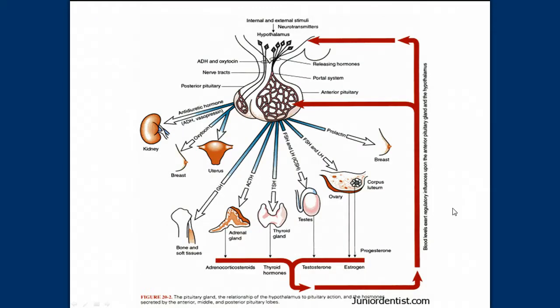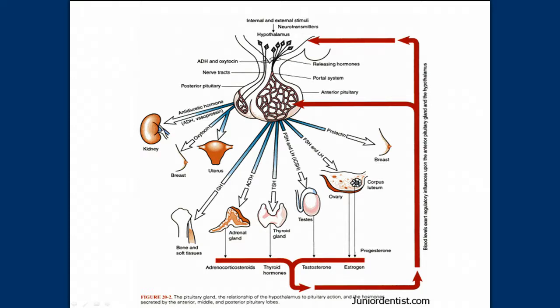Now this is a graphic that I found from juniordentist.com, and I have a link on Blackboard to a website that will help you review the endocrine system. I thought this was pretty cool because here is the anterior lobe of the pituitary gland, and here's the posterior lobe.